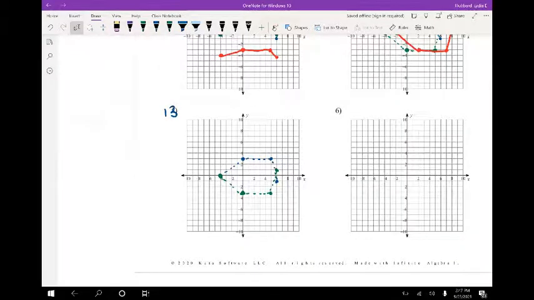So from the green graph, negative 4, 0, we're not going to change that x value. We're just going to change the y. So 0 times 2 is still 0, so that one's not moving. 0, negative 3. Well, negative 3 times 2 is negative 6. So that will turn into 0, negative 6. Again, we're multiplying the y values by 2. 5, negative 3.